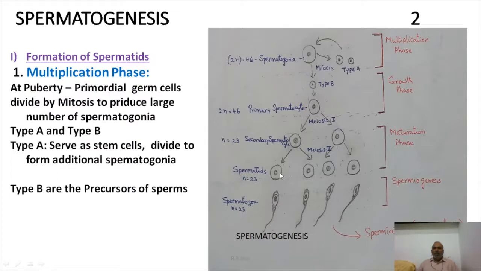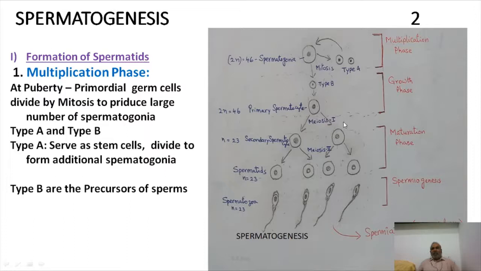What is the chromosomal status of a spermatid? It is also haploid, because meiosis 2 is like mitosis. Up to here, this is the formation of spermatids from the primary spermatocyte.